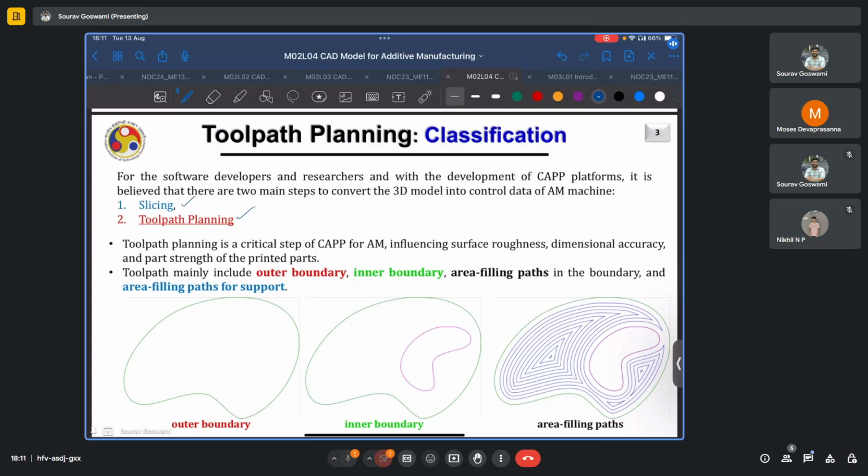Now, modern software packages abstract away a lot of these steps. Say a few commonly used and popular softwares are Simplify 3D, Ultimaker Cura, and similar. And there you just import your 3D model, you slice it as per your necessity. Often you will also have a library of machines to choose from, and the software will automatically recognize what are the tolerances, what is the least count, what is the build volume, and the build area of the machine, and it can even suggest you some optimized parameters.